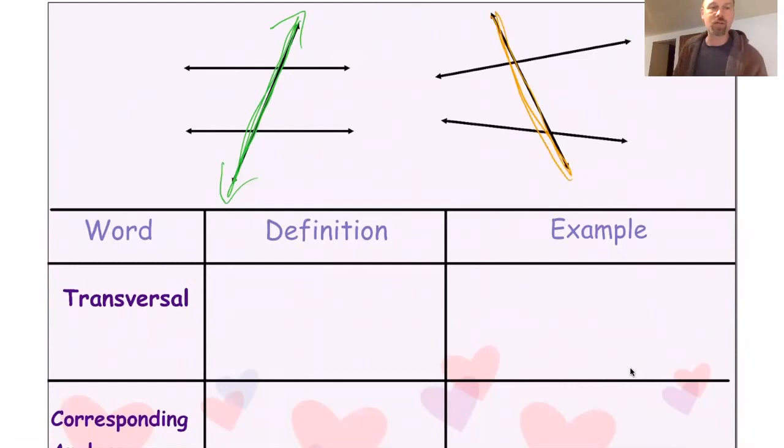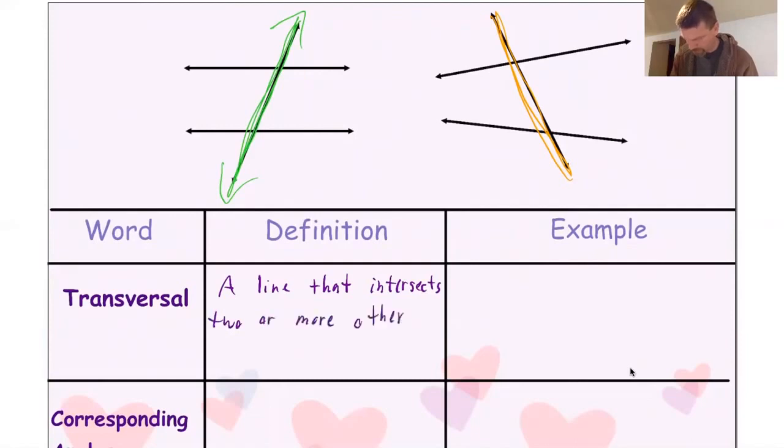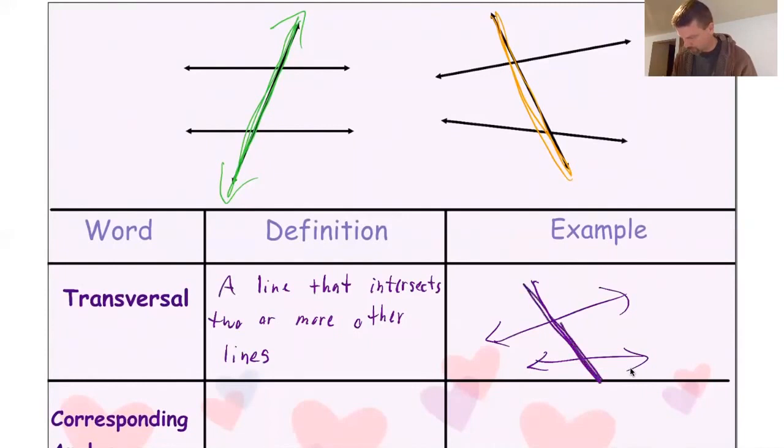Well, a line that goes across two or more other lines is called a transversal. So a transversal is a line that intersects two or more other lines. So an example, here's a line, here's another line, here's a transversal. Transversal is the one that crosses both of them.